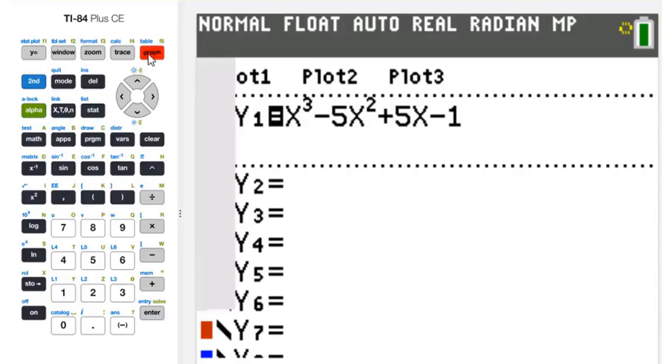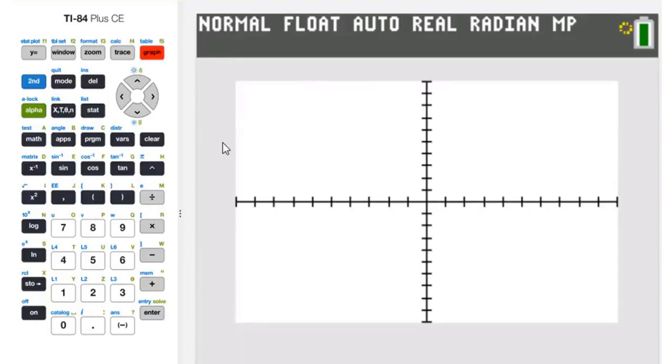You will press graph. I'm looking for the zeros, that means the x-intercepts. But from this graph, you couldn't see the x-intercepts too close. It's hard to see. Then I can change the window now.